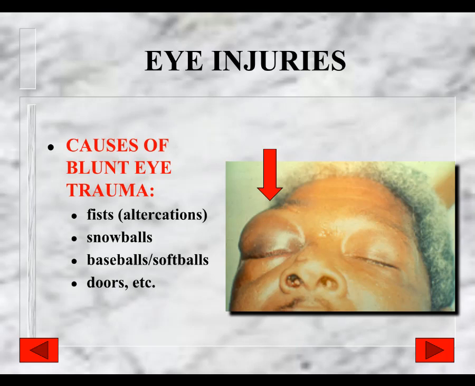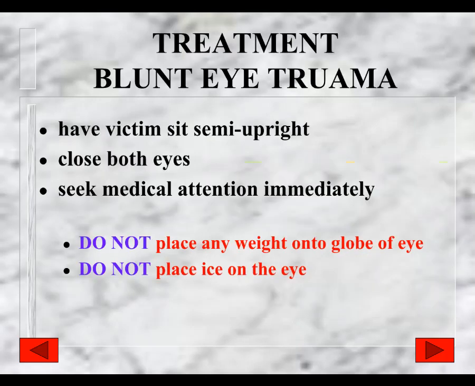I've seen people have injuries related to rocks being thrown from a vehicle, or we're in the farming community, so very often people are building fence, and one of the staples that they put barbed wire up with will bounce out, or a nail will bounce back and cause an eye injury. Doors, anything that could hit them in the eye, could cause blunt trauma.